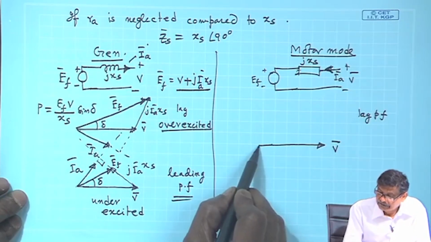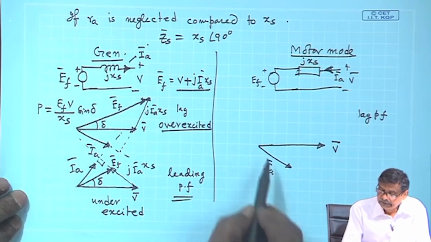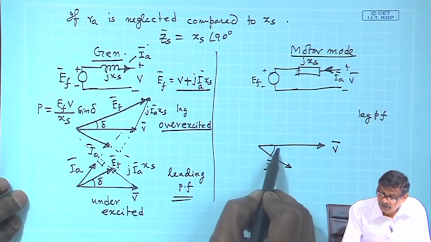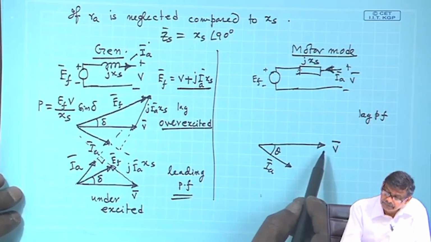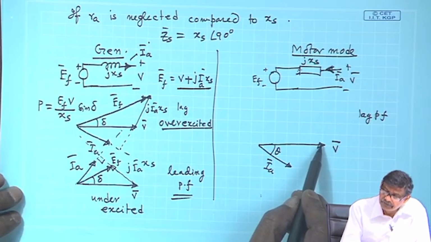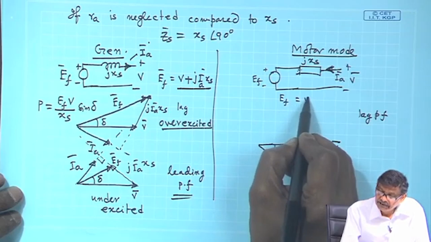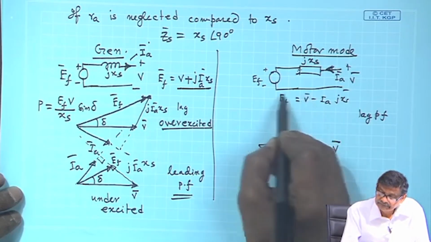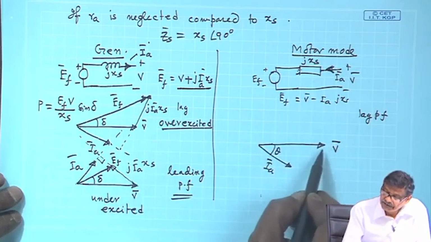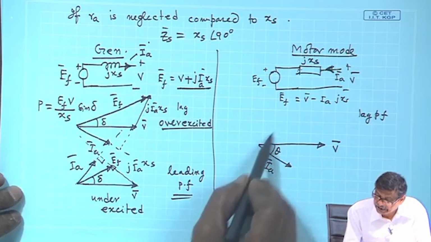So, motor is drawing a current of I A like this, and this angle is the power factor angle at which it is drawing, and from V, E f is V minus I A J X s. So, J I A X s is this way.